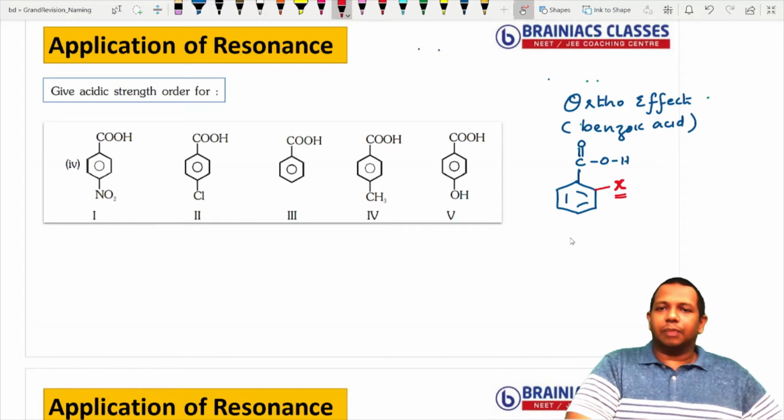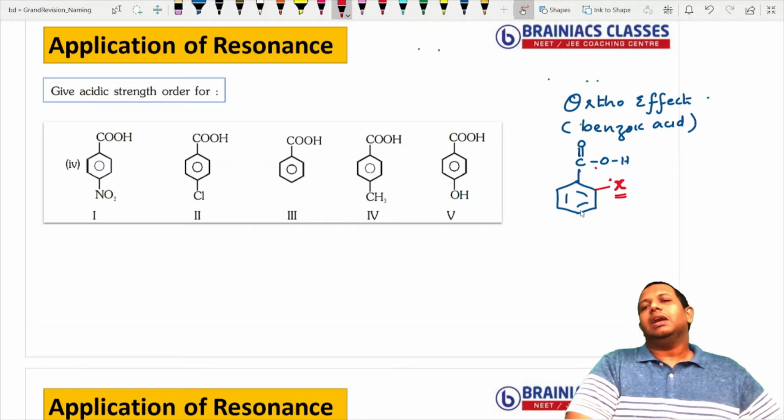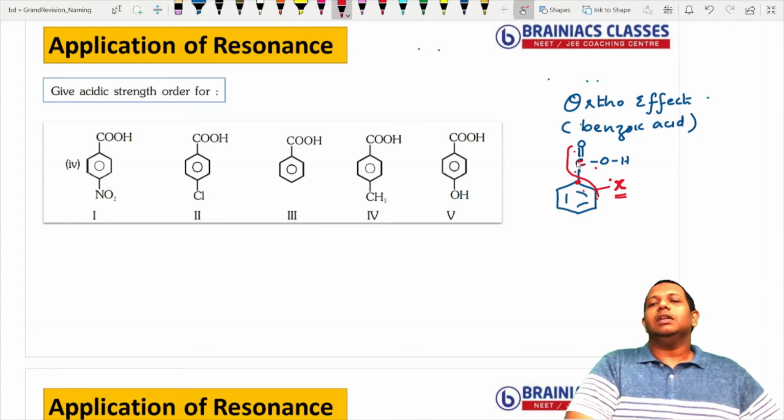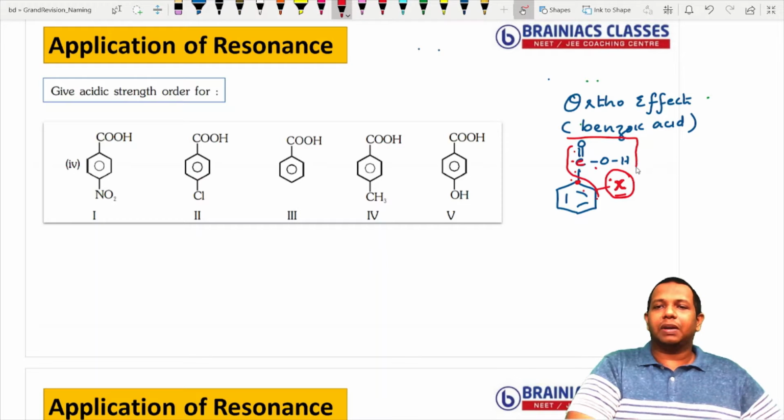If anything comes here, there will be some repulsion between this and this, and we know that for resonance to happen in this line, from double bond, single bond, double bond, single bond, this carbon atom and this sp2 hybridized carbon atom should be in one same plane, then only this shifting will happen. But because of this ortho substitution, this carboxylic acid will have a repulsion and this will go in another plane, and the benzene part will stay in another plane.